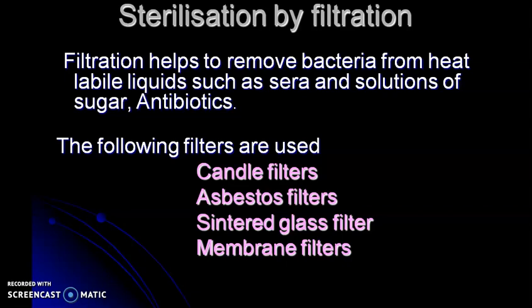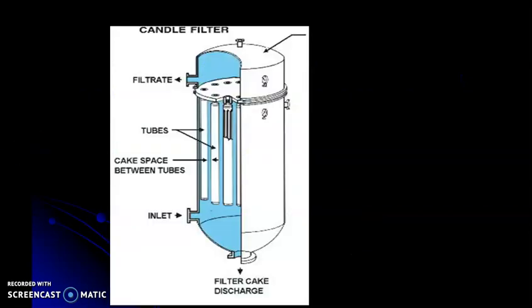Some examples of depth filters are candle filters, which are widely used for purification of water, and there are two types: the unglazed ceramic filter and the diatomaceous earth filters.